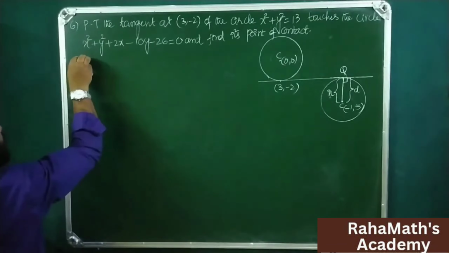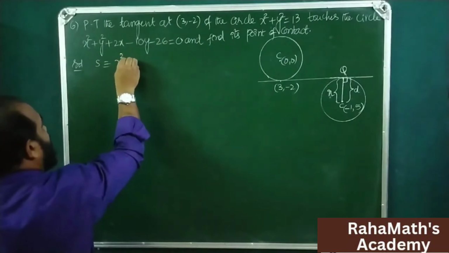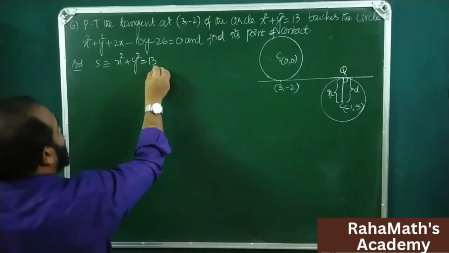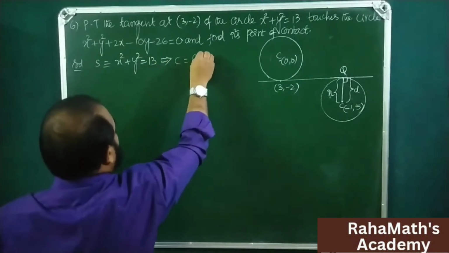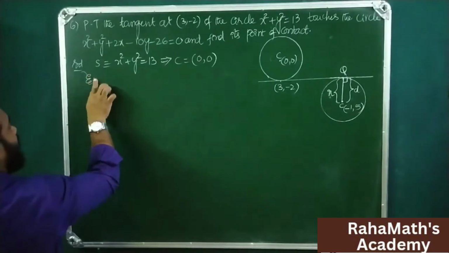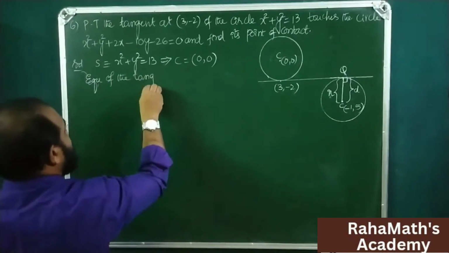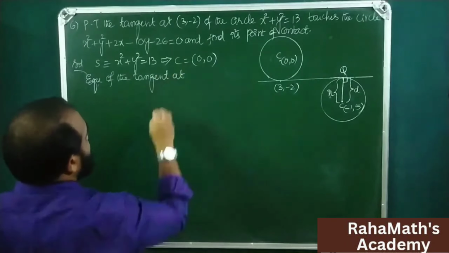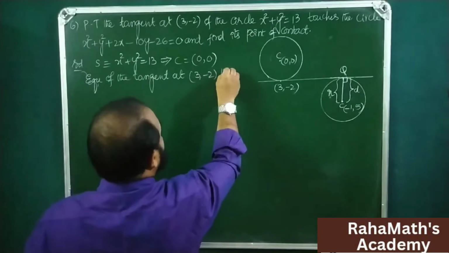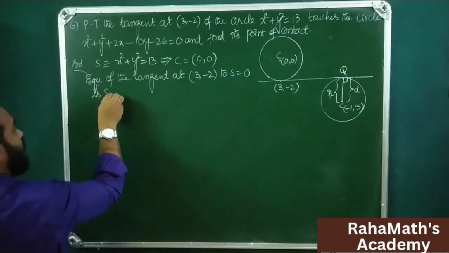So let us start. The center of S, which is x square plus y square equals 13, is (0, 0). So the equation of the tangent at (3, minus 2) to S equals 0 is S1 equals 0.